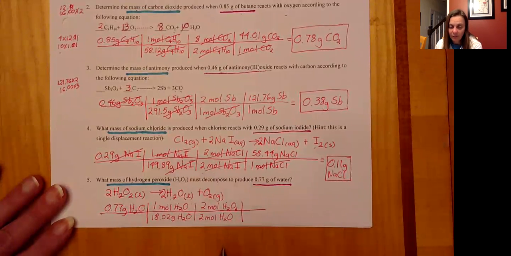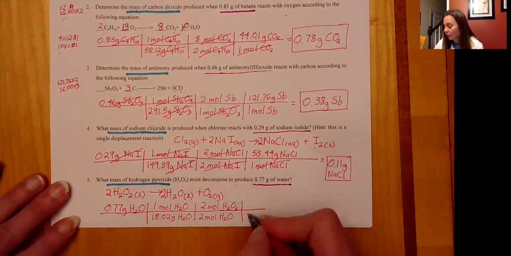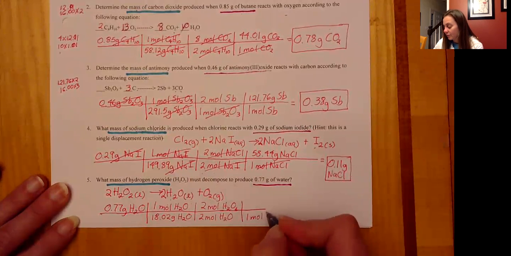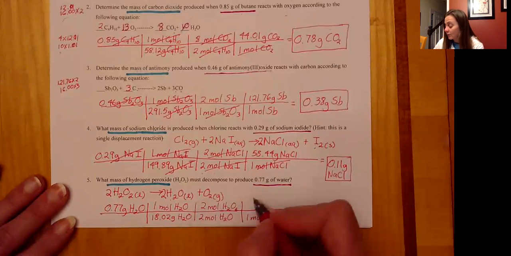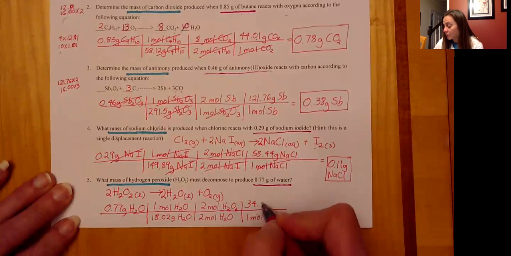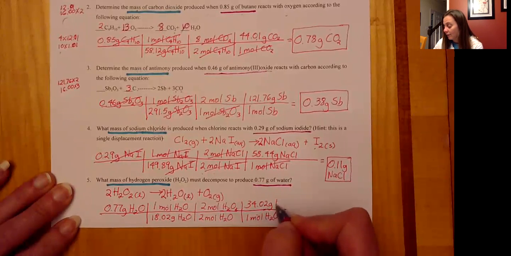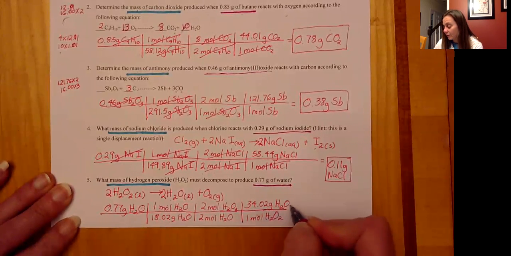So one more time, I need molar mass. So I have 1 mole of hydrogen peroxide on the bottom, and I have 2 times the mass of hydrogen, which is 1.01, plus 2 times the mass of oxygen, which is 16.00, and we get 34.02 grams of hydrogen peroxide for every 1 mole.